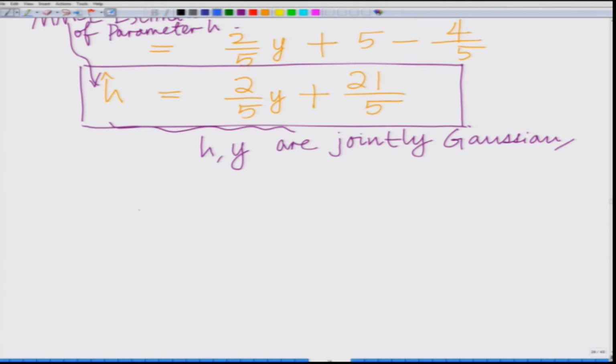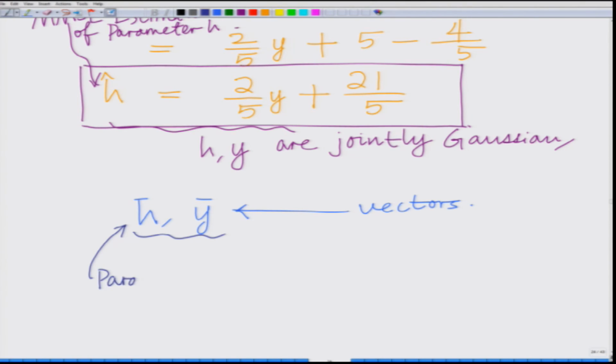That will comprehensively cover the scenario, and it is a very simple, straightforward extension. This is your parameter vector h bar, and this is your observation vector y bar.